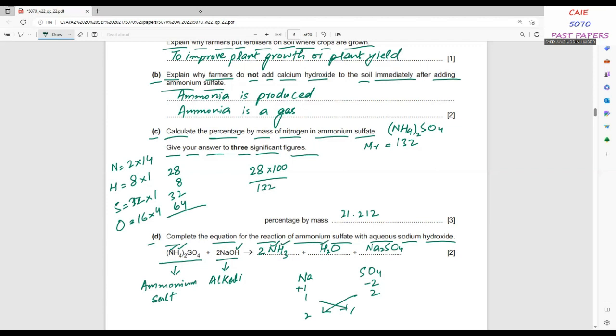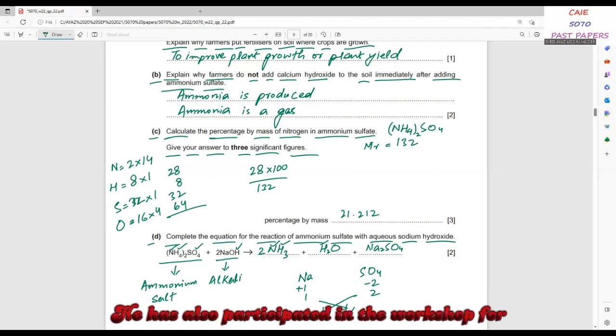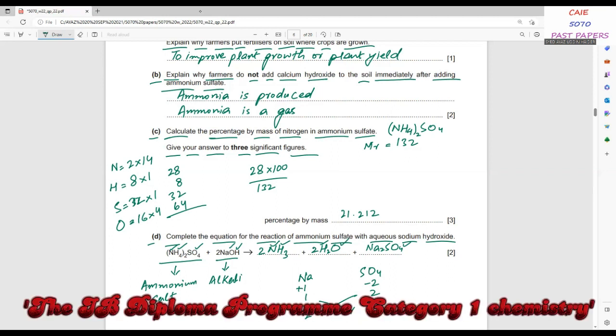What about oxygen? We have 4 plus 2, 6. And here it is 4 plus 1. So we'll write 2 here. Now it's balanced. Both hydrogen and oxygen are balanced now. What about sodium? Sodium is balanced on both sides.